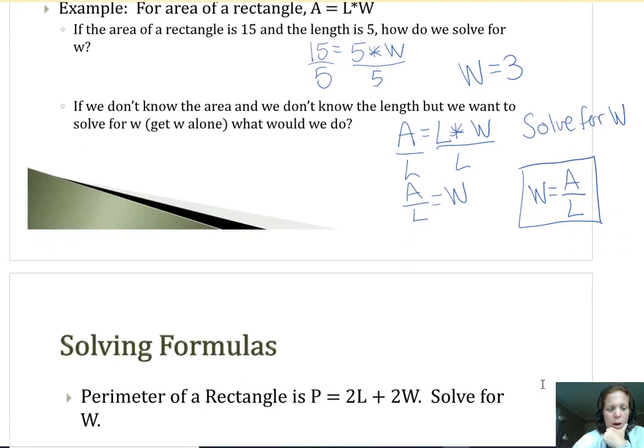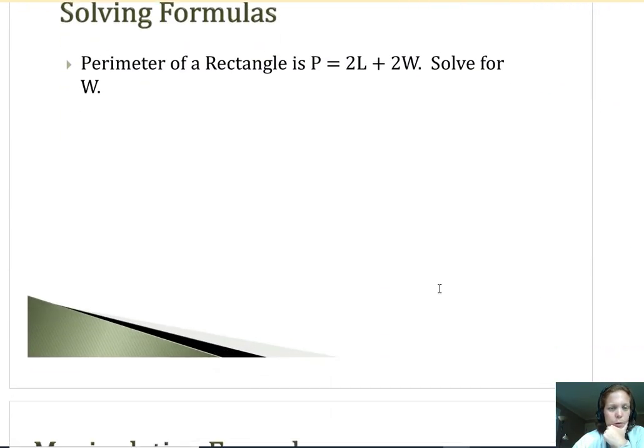Okay, so let's do another common one we've been dealing with. We've been dealing with it when we know numbers, but let's say I always know my perimeter and I always know my length, but I want to solve for W. So P equals 2L plus 2W. We want to solve for W, so we want to get this W alone. So I have to move the 2 in front of the W, and I'm going to have to move the 2L.